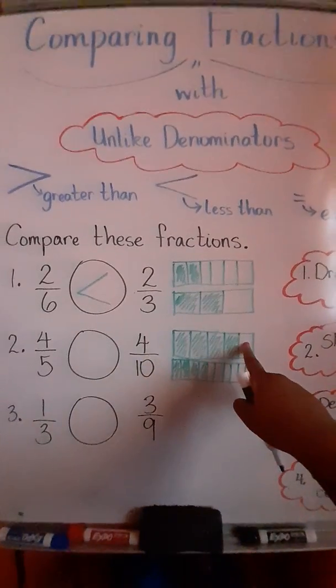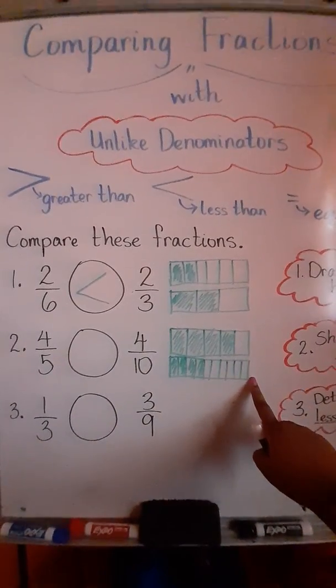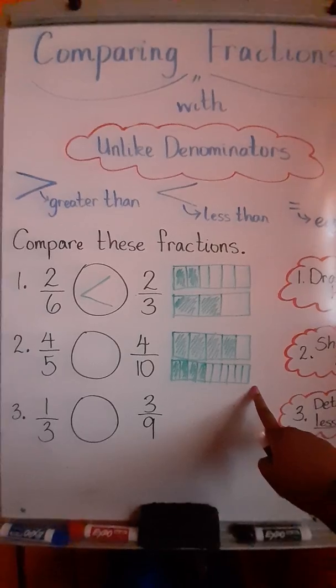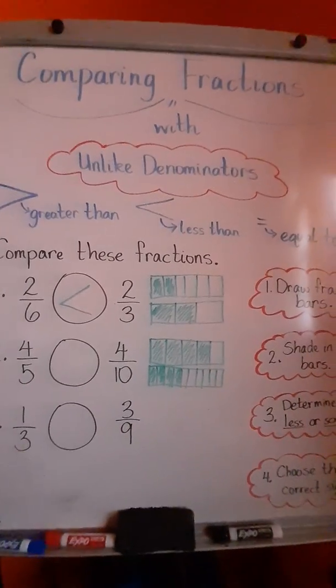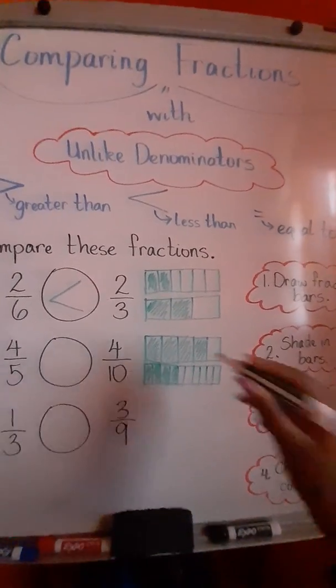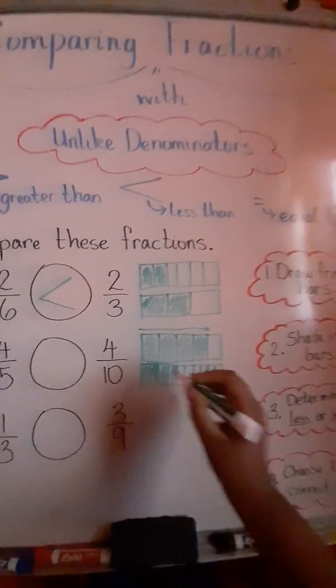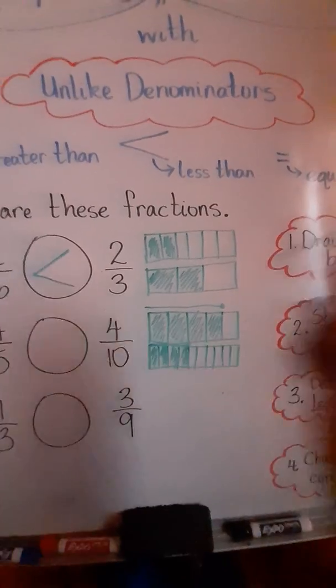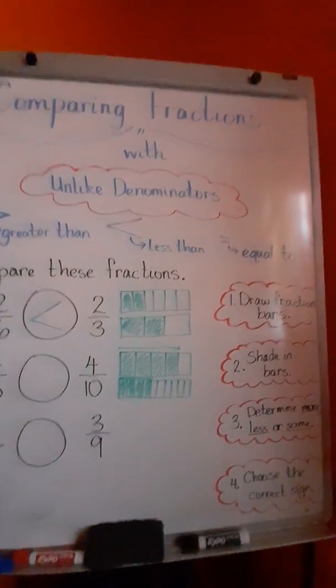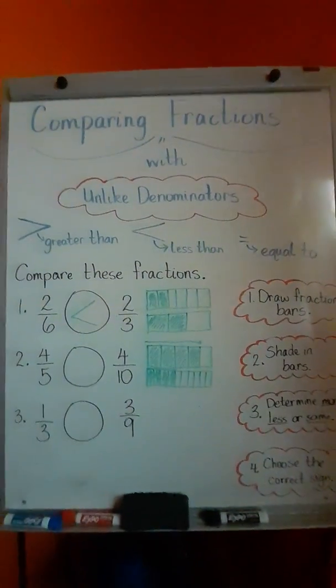Is 4 over 5 more than 4 over 10, less than 4 over 10, or the same as 4 over 10? Well, we stopped all the way over here for the first fraction, and we only stopped right here. So that means that 4 over 5 is more than 4 over 10.